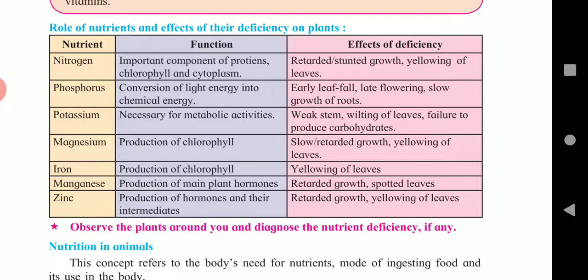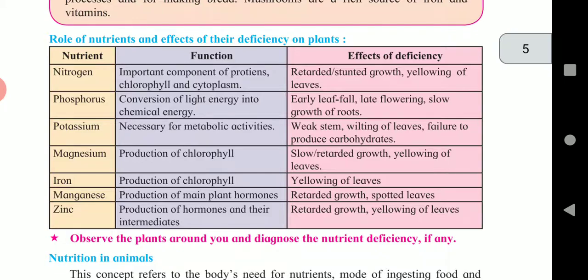Early leaf fall, late flowering and slow growth of roots are seen in plants suffering from phosphorus deficiency. Third one is potassium. It is necessary for metabolic activities, and potassium deficiency results in weak stems, wilting of leaves, and failure to produce carbohydrates.